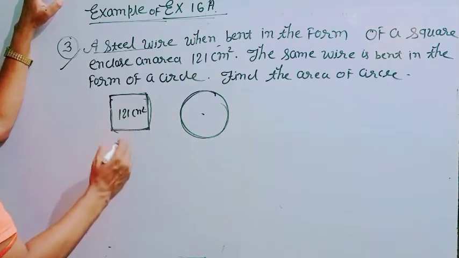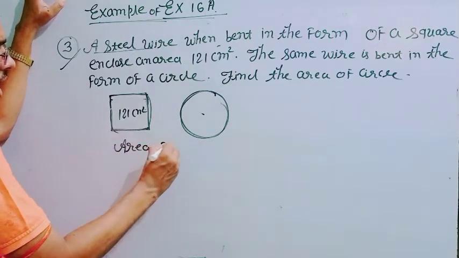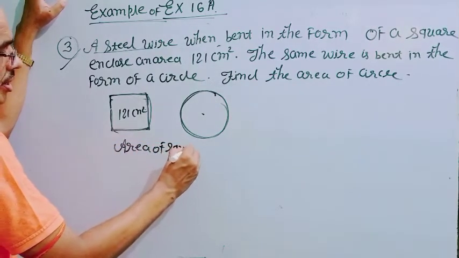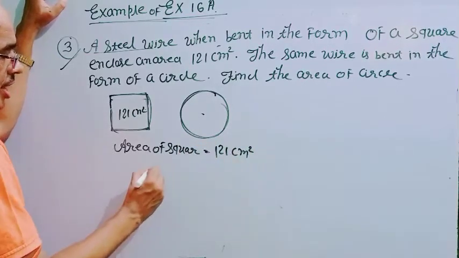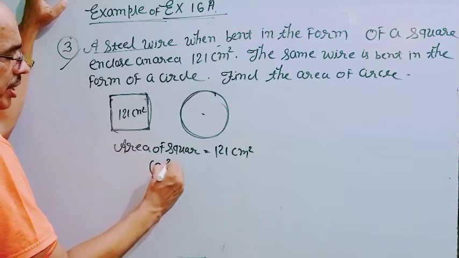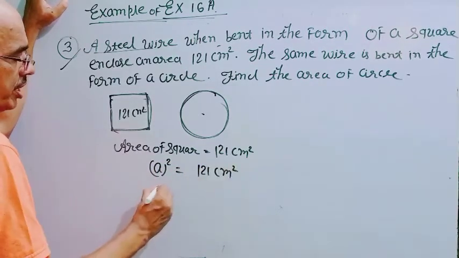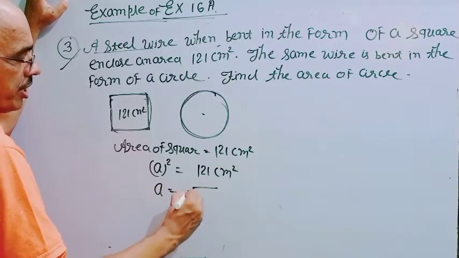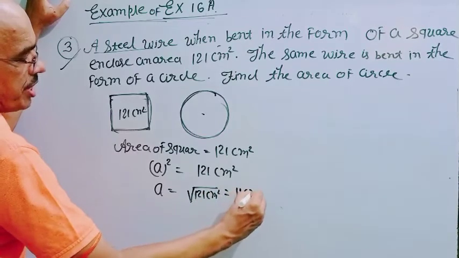Here the area of the square is given as 121 cm². The area of a square is a², so a² is 121 cm². Then what is a? It is the square root of 121 cm², which is 11 cm.